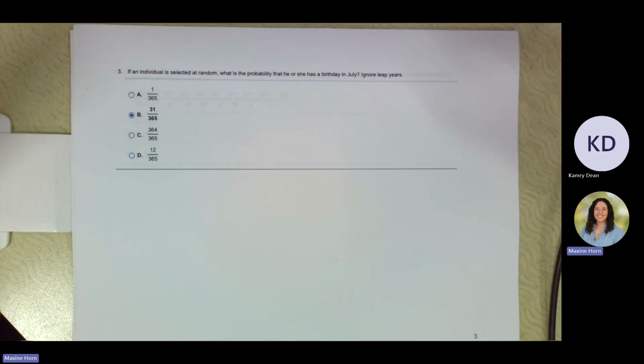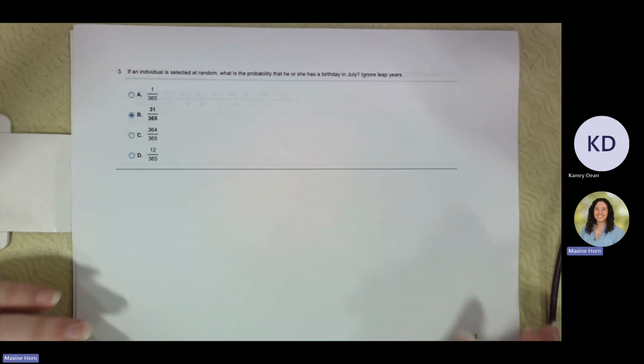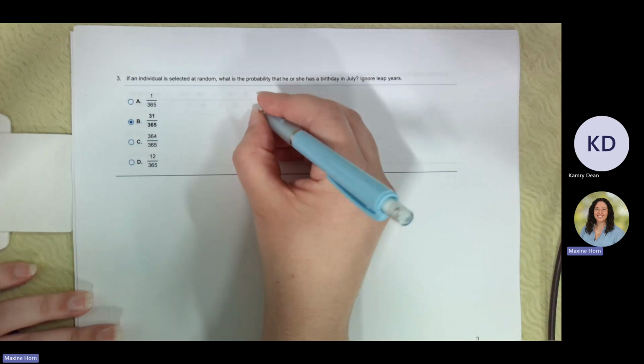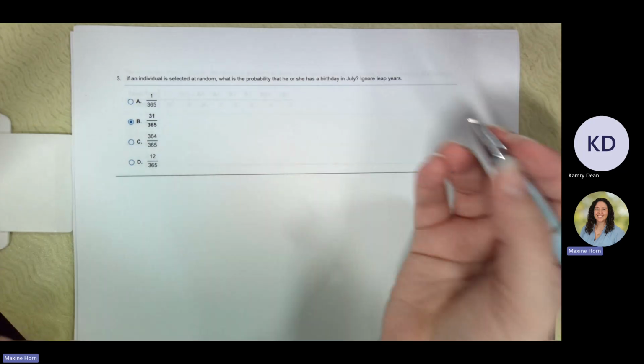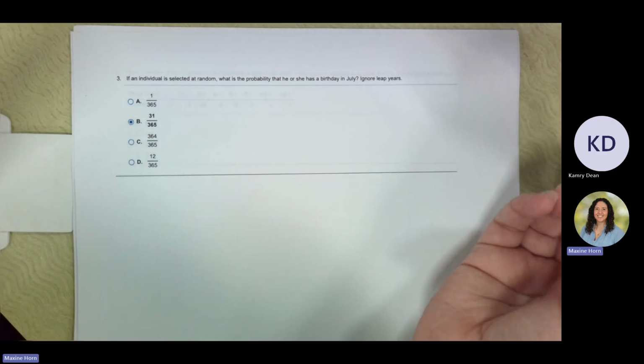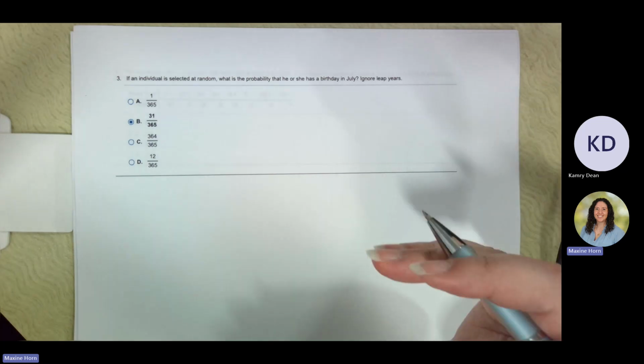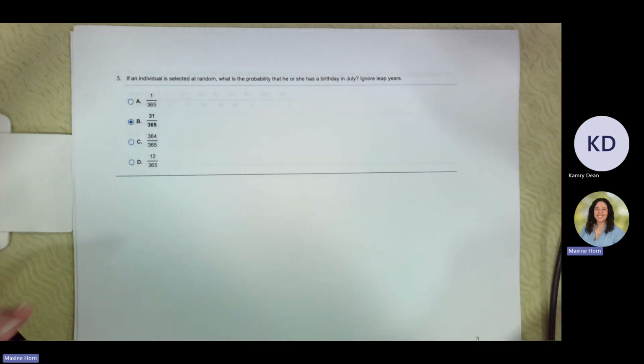Okay, if an individual is selected at random, what's the probability that he or she has a birthday in July, and then ignore leap years? Okay, so when we're looking at probabilities like this, and in general, it's often helpful to think of it as the part over the whole. What is it that I'm looking for out of what are my total options?